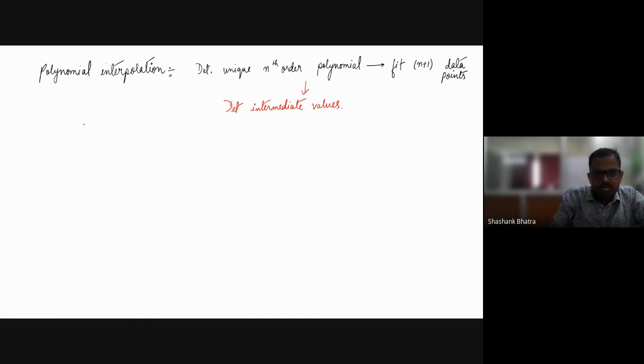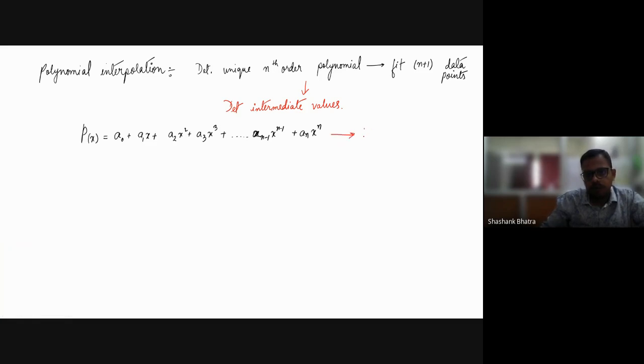If I represent it as p of x, then it will be a naught plus a1x plus a2x square plus a3x cube plus dot dot dot, a n minus 1 x power n minus 1, plus a n x power n. So this will be a representation of a polynomial.